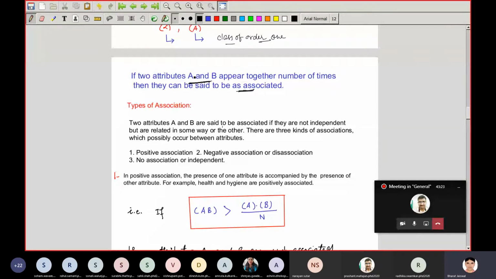If both occur together many times, for example someone says it continues for six months, he keeps falling ill and we keep getting treatment for it, then the treatment and illness occur most frequently, and we can say that these are associated.